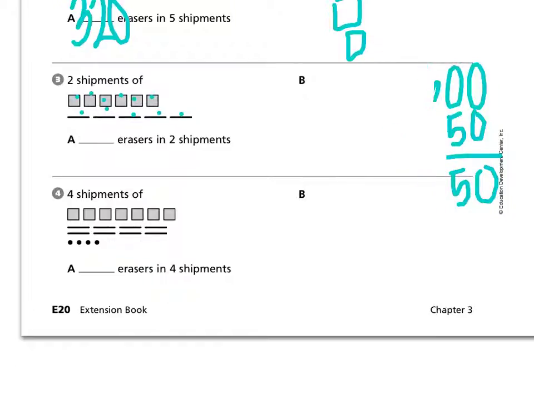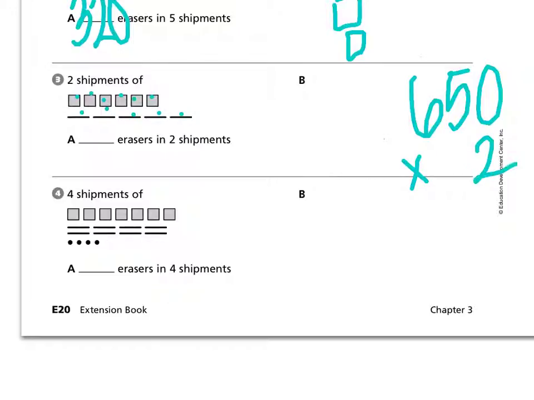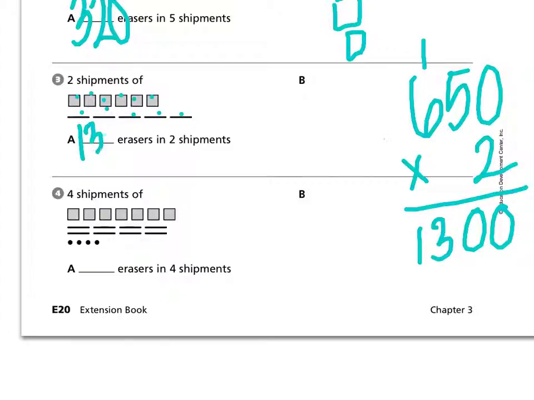But that's just 1 shipment. I have 2 shipments, so I need to do 650, and I could add 650 again, or I can multiply it by 2. 2 times 0 is 0, 2 times 5 is 10, carry the 1, 2 times 6 is 12, plus 1 is 13. So altogether I have 1,300 erasers. Make sure you include that comma.